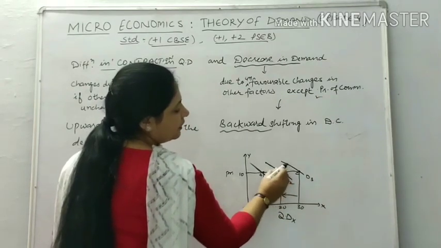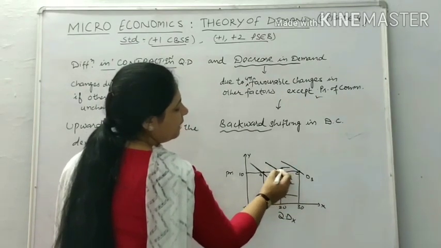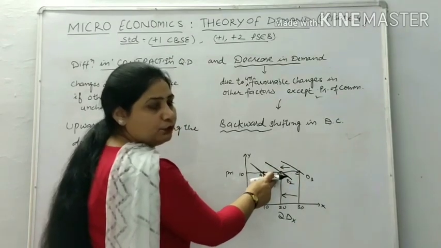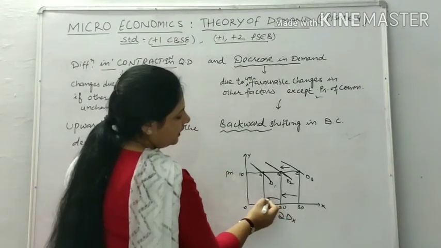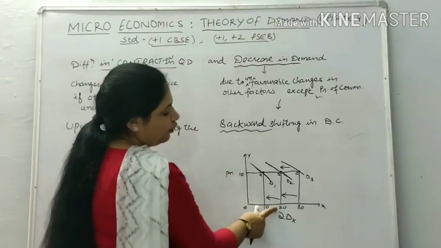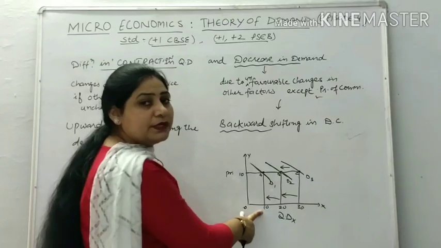The same demand curve, suppose D3, shifts backward to D2, and now at the same price he is willing to purchase not 20 units but only 10 units.